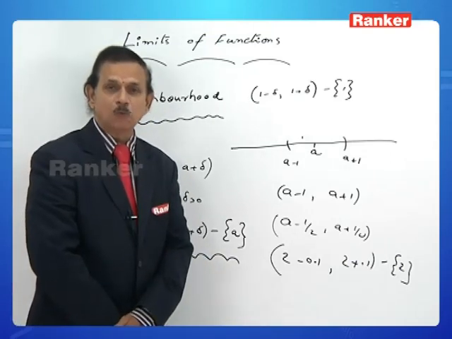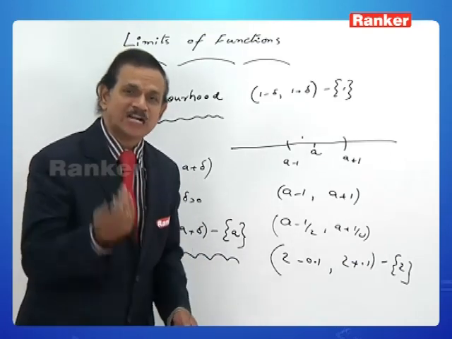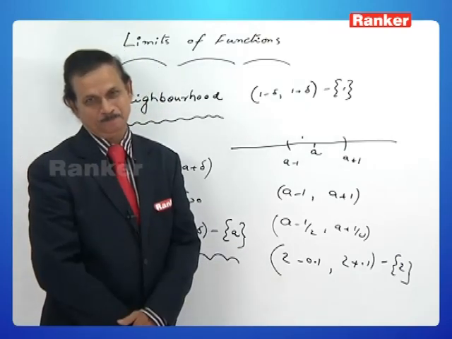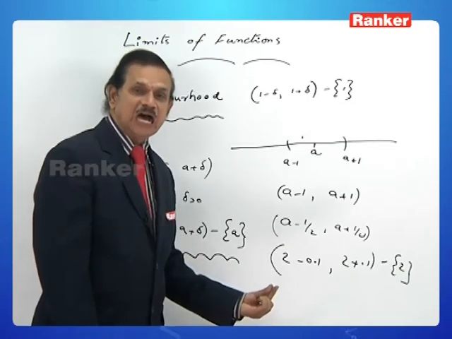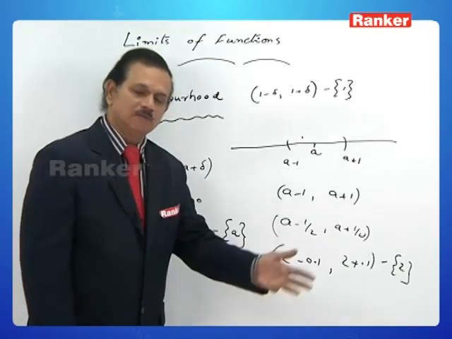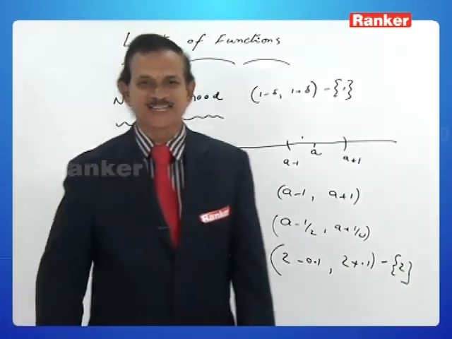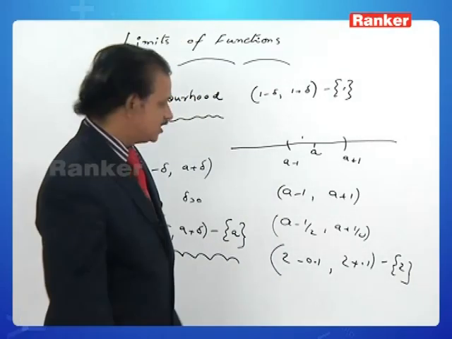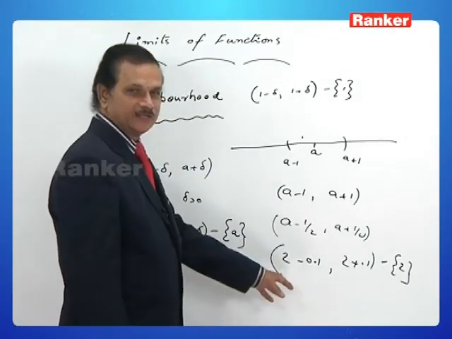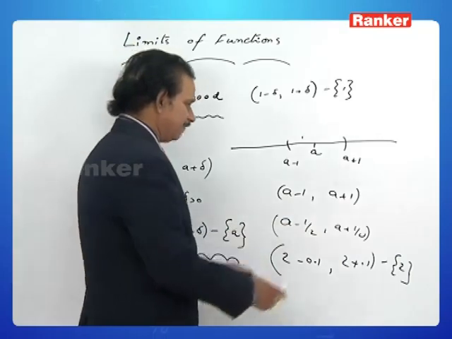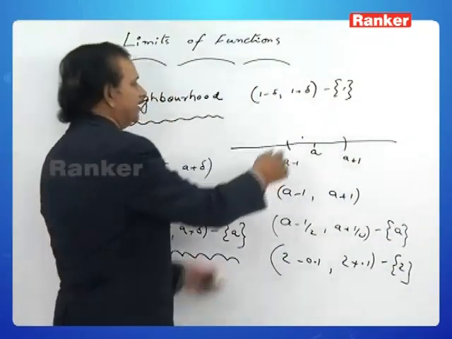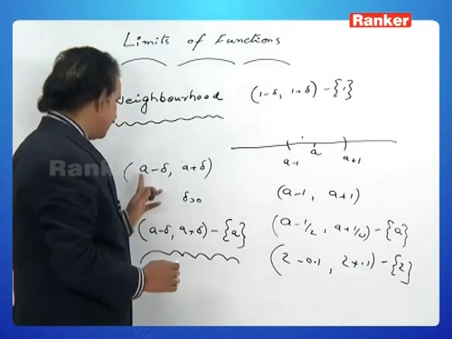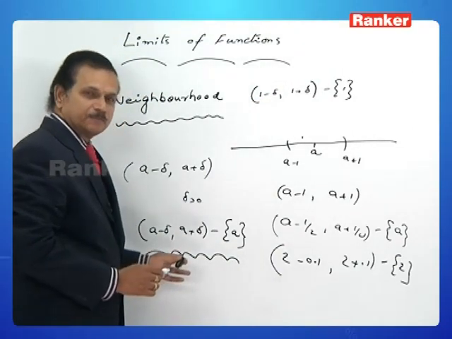Deleted means what has been deleted and from what portion it has been deleted. From a neighborhood, the central part or the center of the neighborhood will be deleted and the remaining set is of course called the deleted neighborhood of 2 here, deleted neighborhood of a.